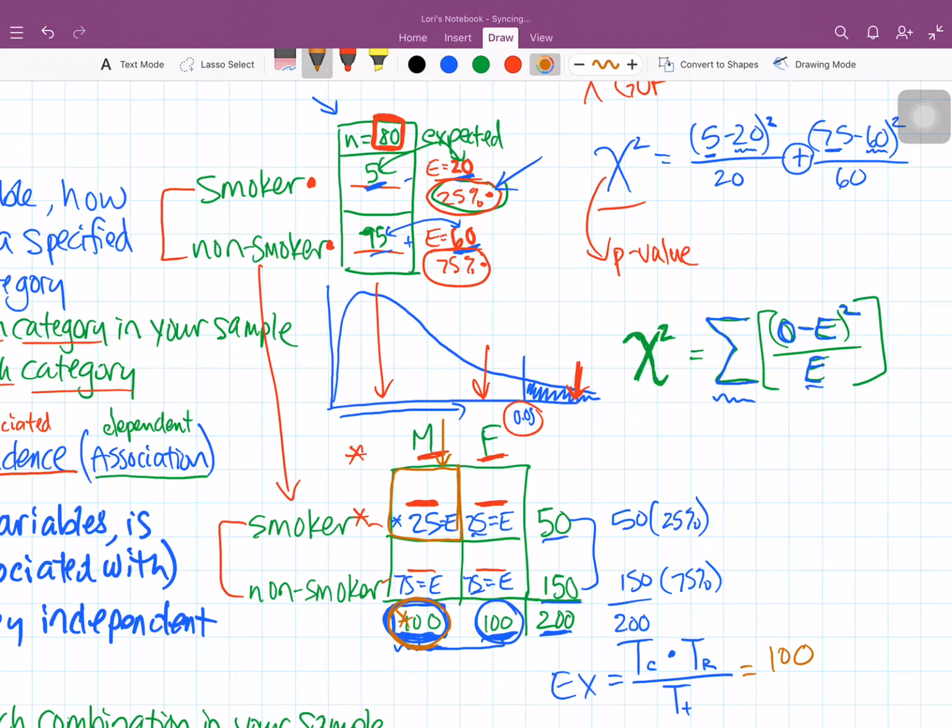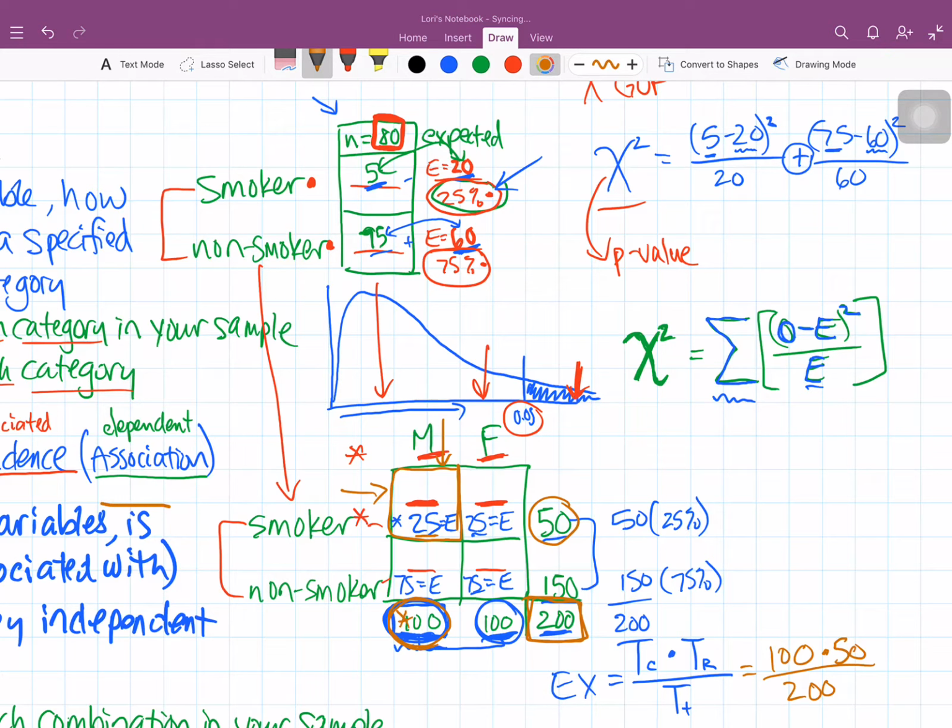The row total for that particular row is 50. So times 50 divided by the total, and that's this number down here in the bottom right corner, so 200. So 100 times 50 divided by 200 should equal 25. So go ahead and pull your calculators out and you can see exactly how that works.